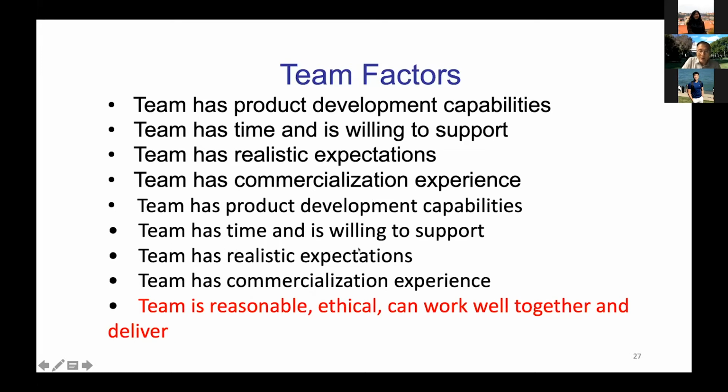The team has realistic expectations and commercialization experience. So we repeat and repeat. But again, the team has to be reasonable, ethical, work together well, and also deliver.